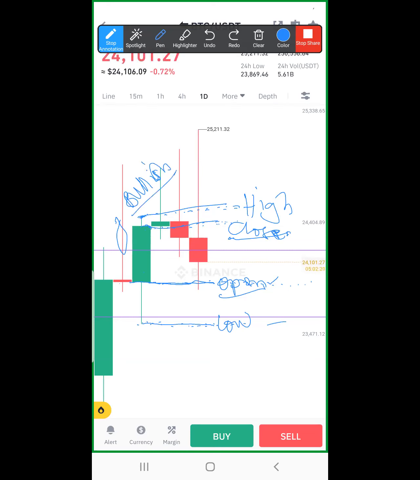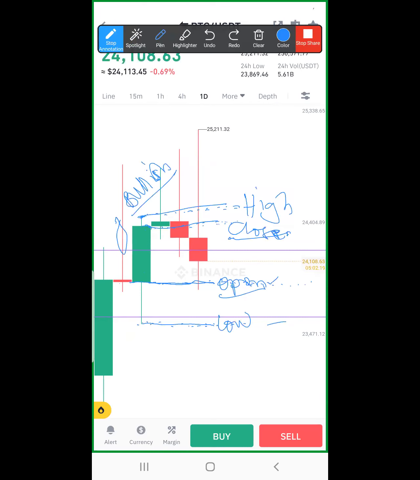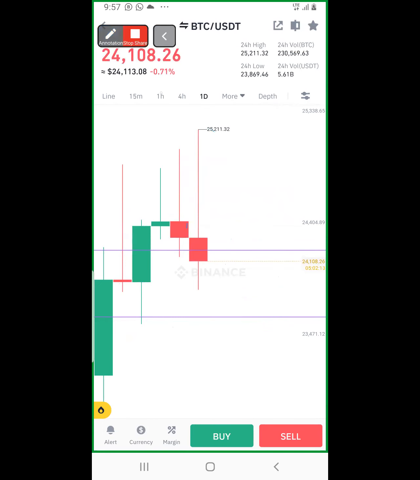Then watch closely. We had another day. Like I said, we are going to focus on this other red candle. So on that red candle, watch closely. We started the day by closing the previous day.